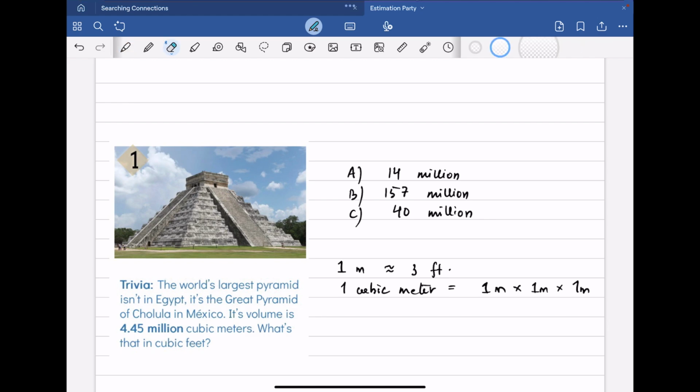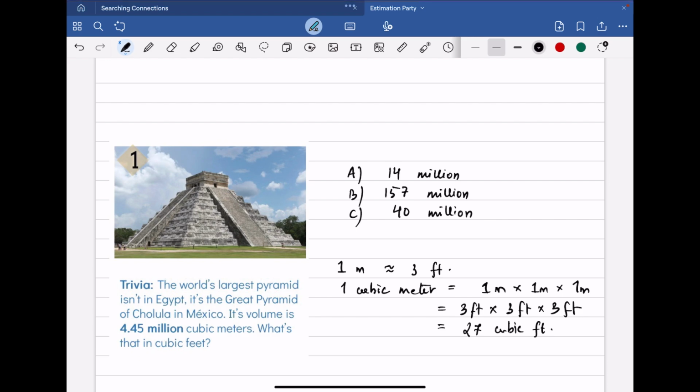Okay, and now to each of these 1 meters, I'm gonna apply this conversion formula that I have. So this equals 3 feet times 3 feet times 3 feet. What's that? That is 3 times 3 is 9 times 3 is 27 cubic feet. Great. So now I have, given the conversion from meters to feet, deduced the conversion from cubic meters to cubic feet.